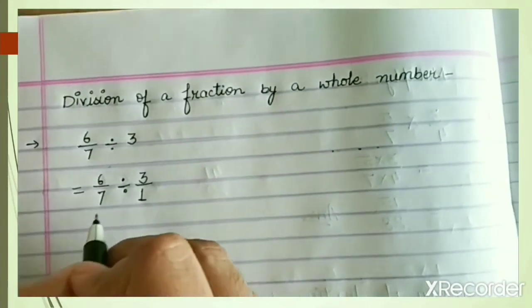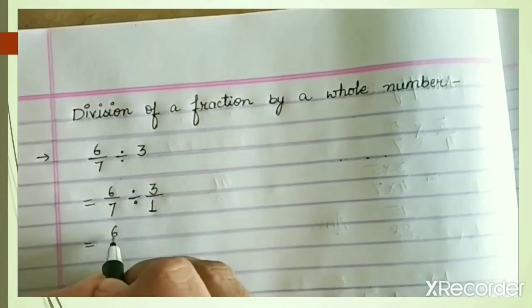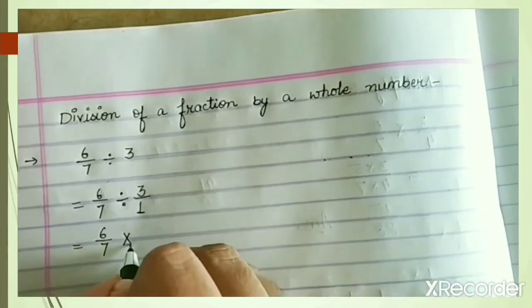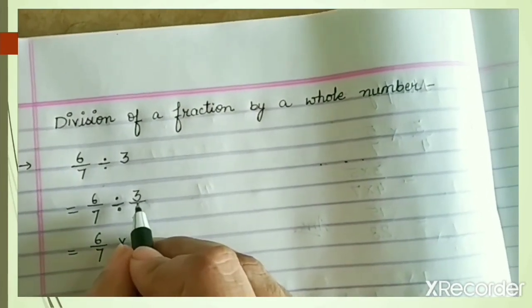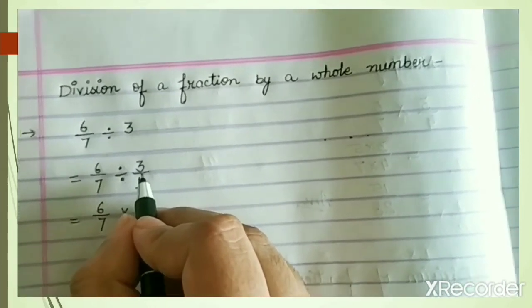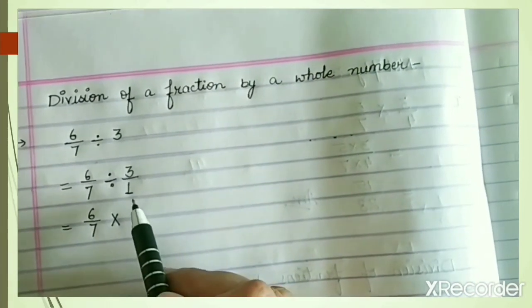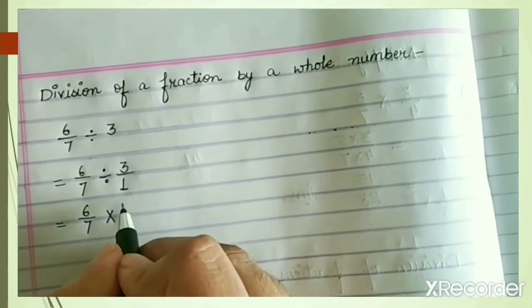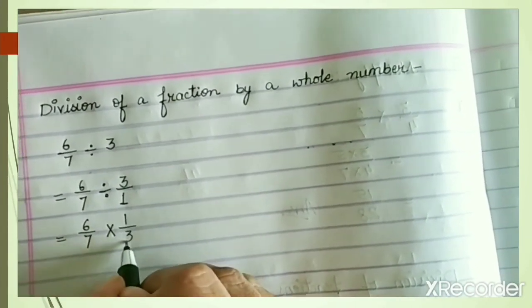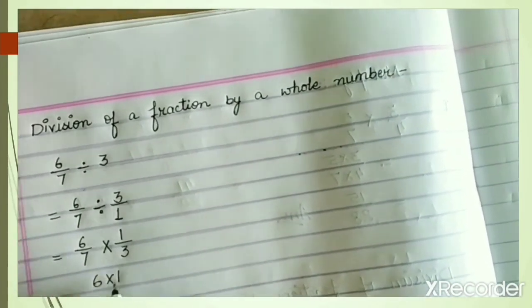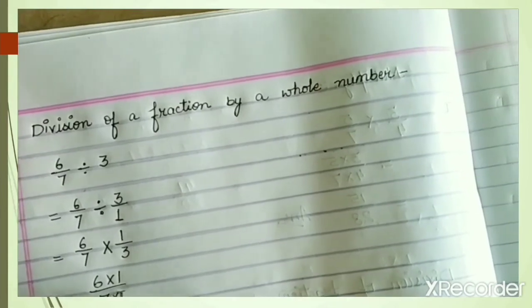Next step is 6 upon 7, the sign of division is going to convert into the sign of multiplication, and this fraction is going to reciprocate. Reciprocate means it is going to interchange the denominator into numerator and numerator into denominator and become 1 by 3. Now multiply both the numerators as well as denominators.